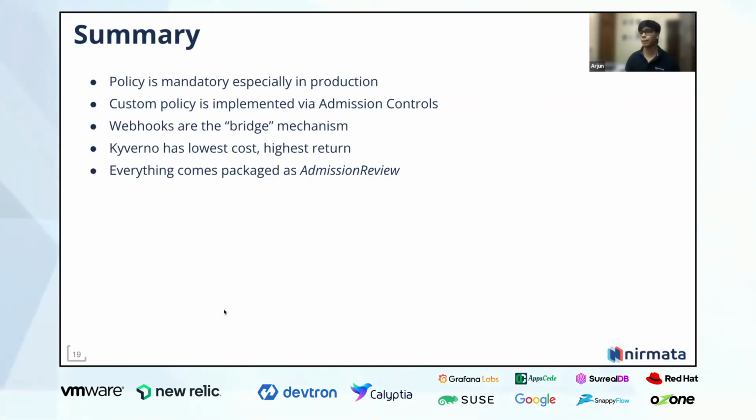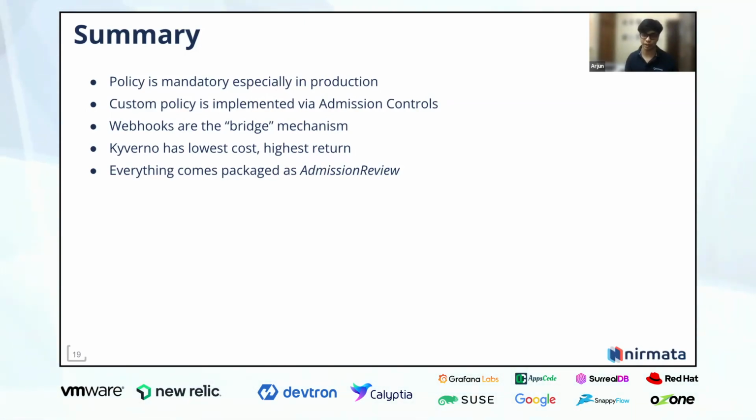So in summary, whenever we have a production deployment, ideally we must have policies so that we ensure that the cluster is secure and compliant, and later on we don't have headaches or have to manually do resource management. And then we have custom policies which we can implement with admission controllers.